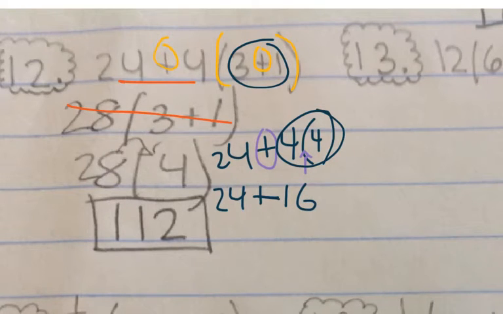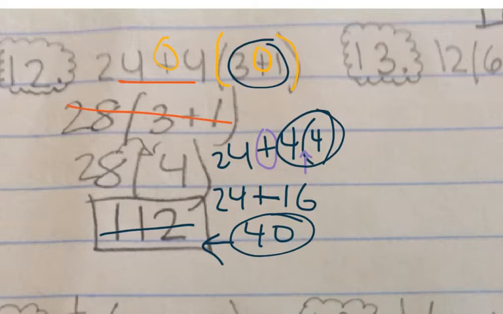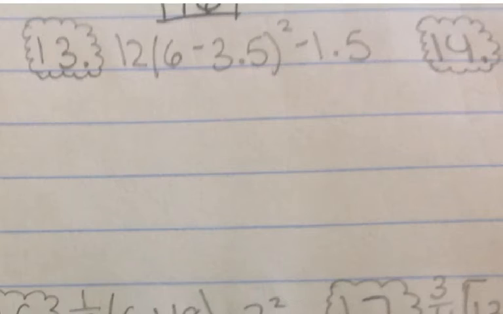And now, since I only have a plus left, let's add that together. 24 plus 16 is 40. Notice that's totally different than what was gotten right here. And guys, if you don't follow order of operations, you will get some huge or totally wrong answers. Again, pause the video if you need to. Alright, let's look at the next one.